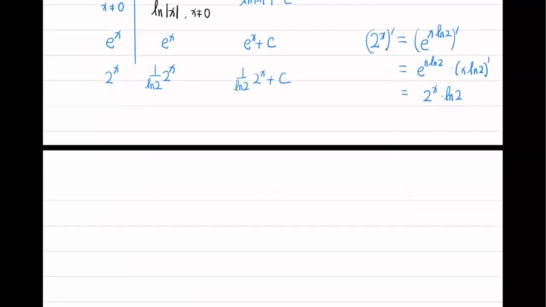Okay. So next, okay, the general case. B to the x, and B is positive and not 1. Okay, what's the antiderivative? Let me check with Sophia. Could you give me an antiderivative for B to the x?